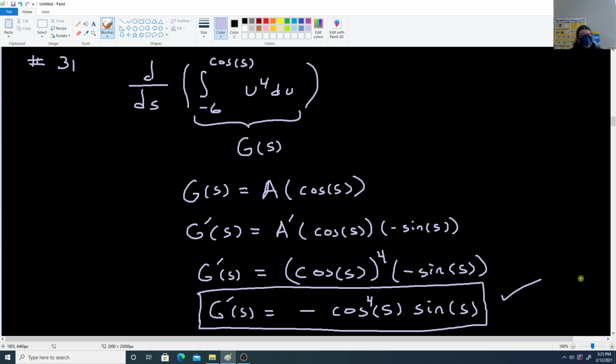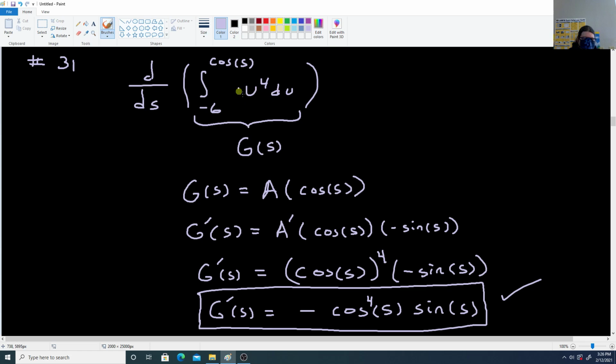So that's basically the process you do for these. You rewrite the function as an area function with whatever is up there instead of just the s or just a variable by itself. Whether it's s squared or s cubed or cosine of s, you put that in there. The chain rule applies. And then when you go to take the a prime, you just get the integrand back.